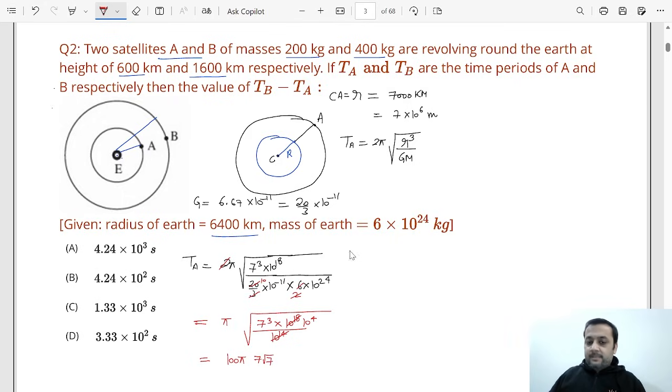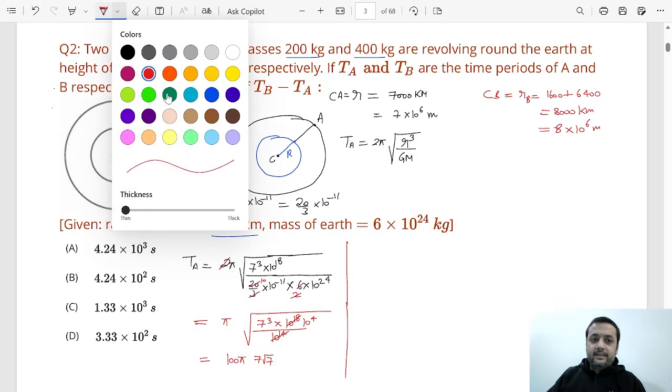Similarly, for satellite B, which was at a height of 1600 kilometers, the radius of the orbit of B is CB, where C is the center. So RB is the height 1600 kilometers plus the radius of the Earth, that is 6400 plus 1600, which is 8000 kilometers, or 8 into 10 to the power 6 meters.